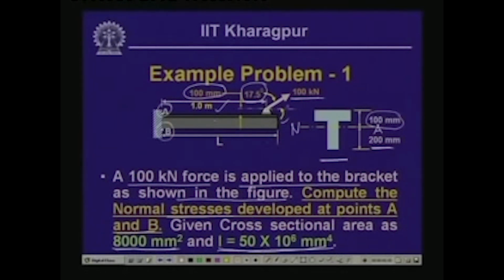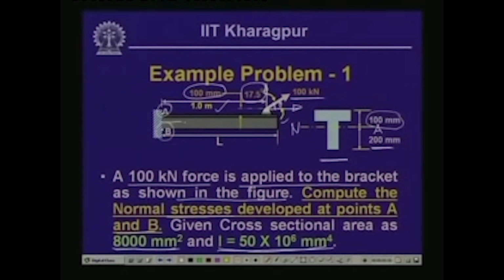Now, what is the action of this particular load? This load which is acting at this bracket point, we can decompose in two parts: in the horizontal direction and in the vertical direction, since we know this angle theta. Now, this horizontal load is acting away from the top of the beam.